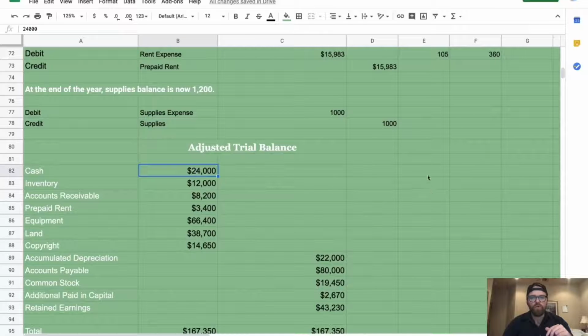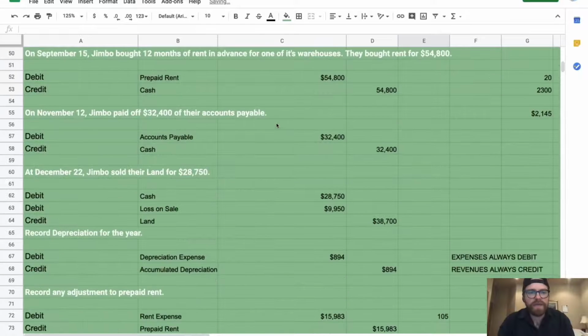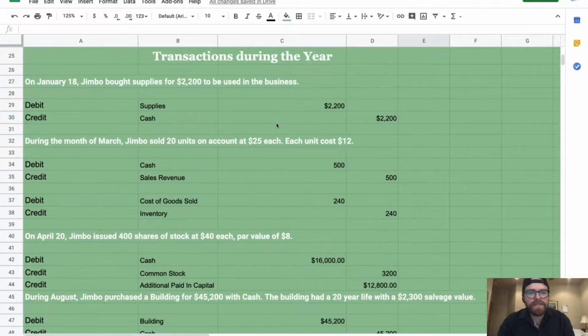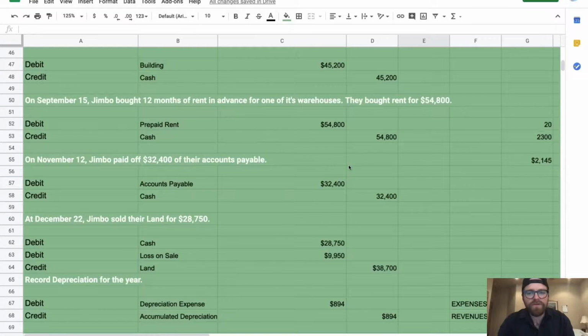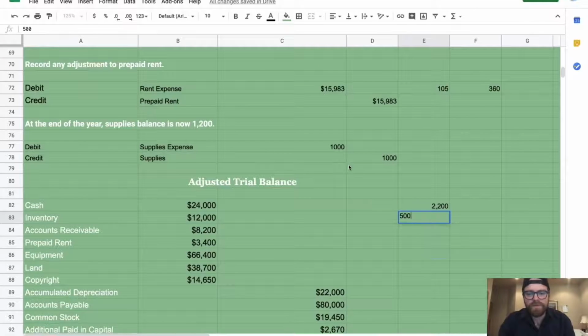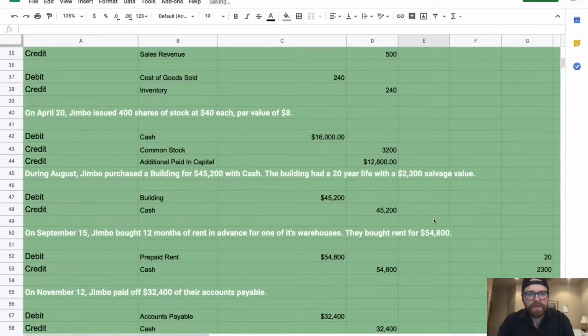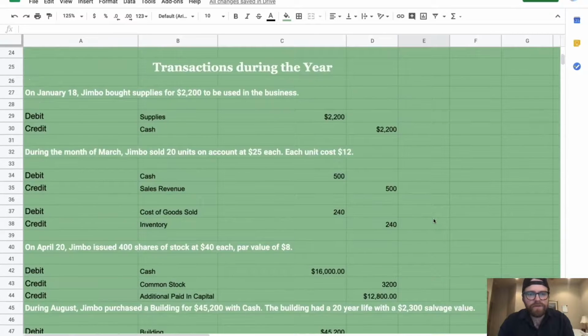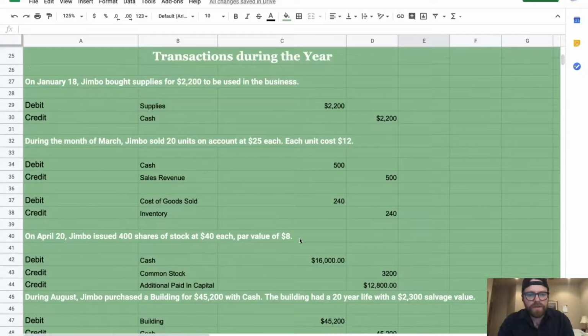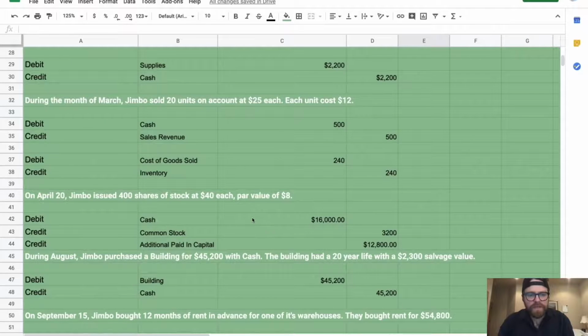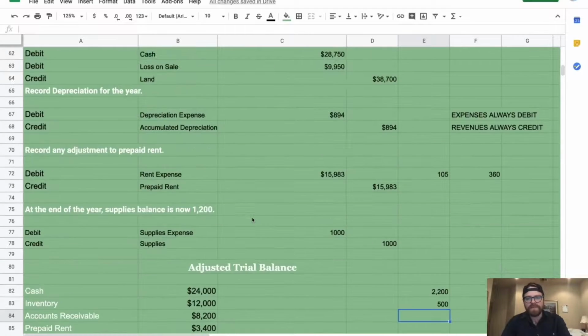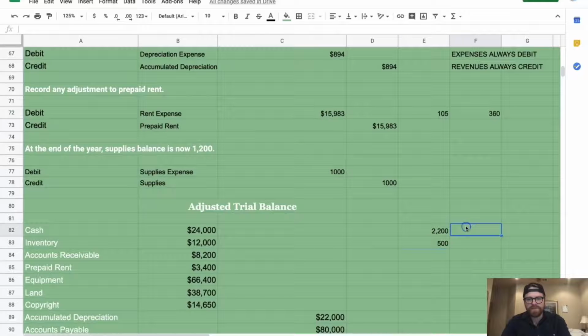So what I'm going to do is mark down all the different credits to cash here, because it's going to be a few different things to cash. The next thing is 500 was a credit there. And then let's see what else. Okay, I see issued stock, and that's going to be a debit, and I'll just put that right here for 16,000.